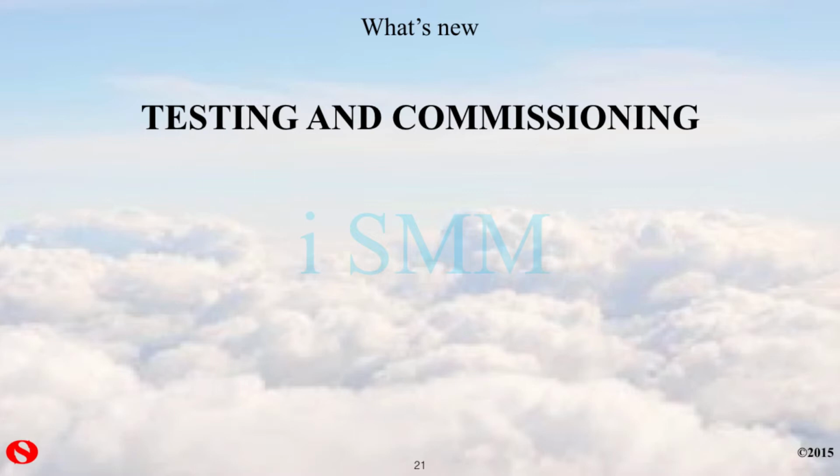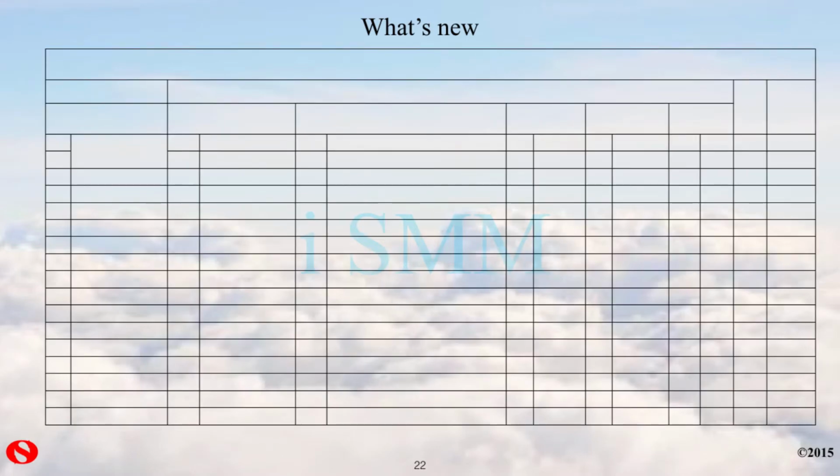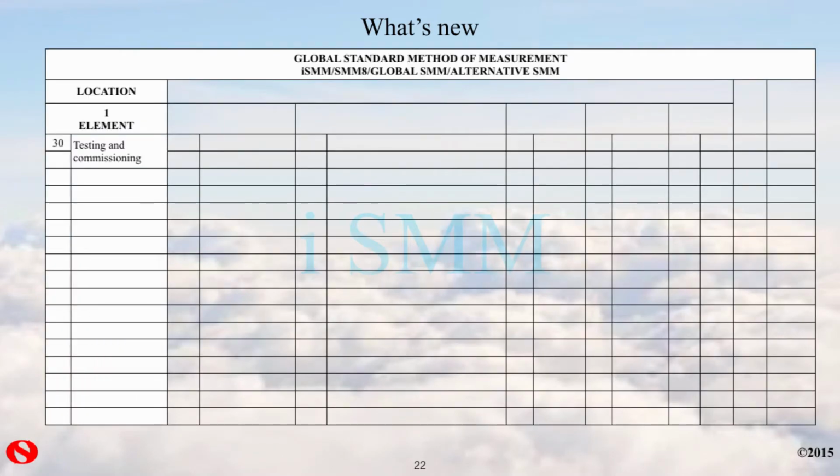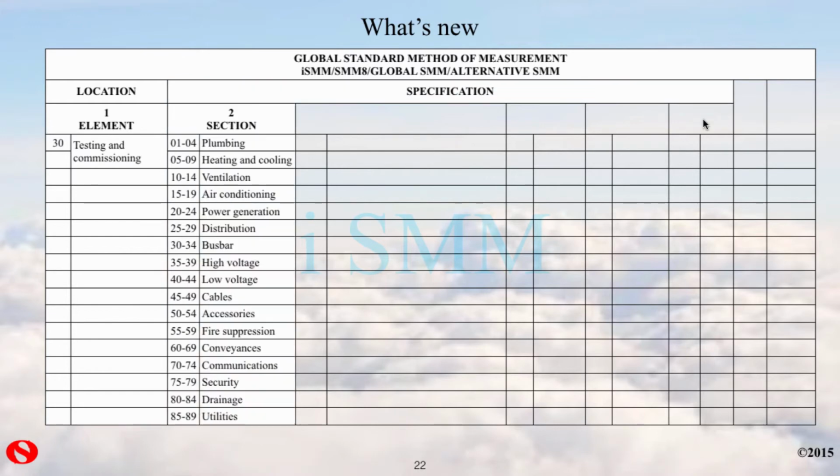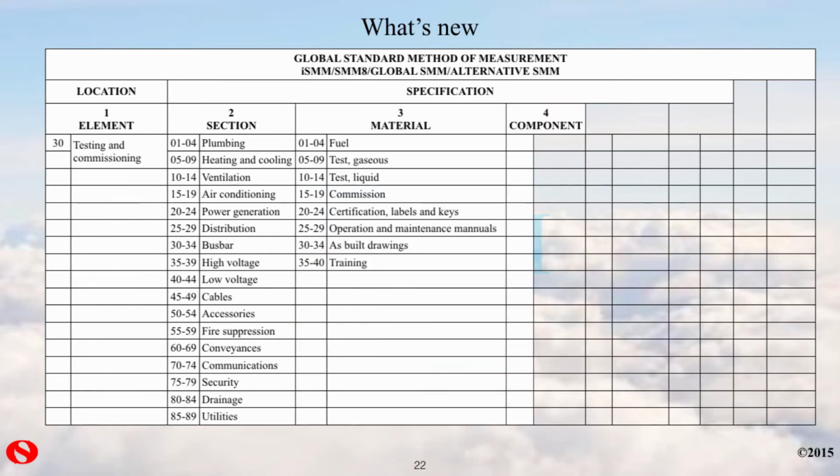Testing and commissioning, I've created a new section for this on the basis that testing and commissioning is now quite significant, and it ought to have a separate section. Testing and commissioning has all the various trades and a section of item in each case for which trade and all the tests and operations that are applicable to each of these trades as it goes through.